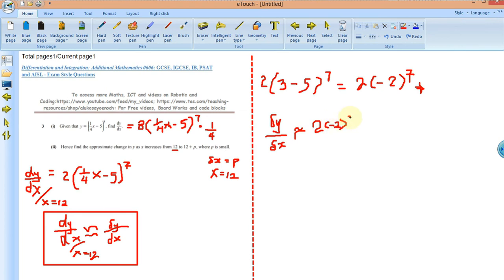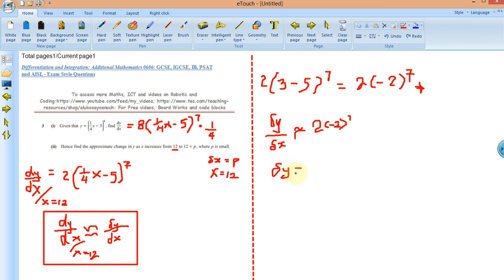We know that delta x is p. So when you cross multiply, delta y is 2 into minus 2 raised to the power of 7 times p.